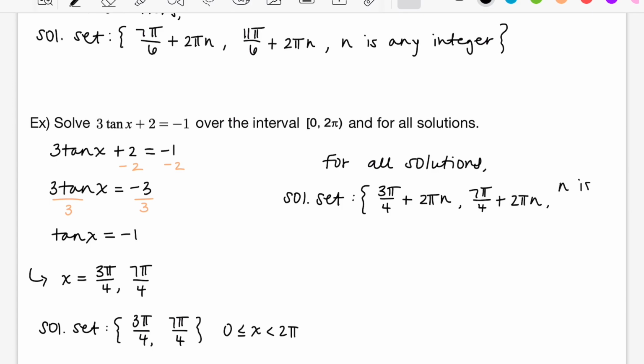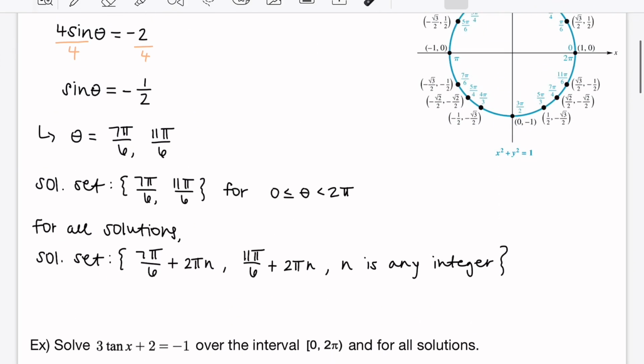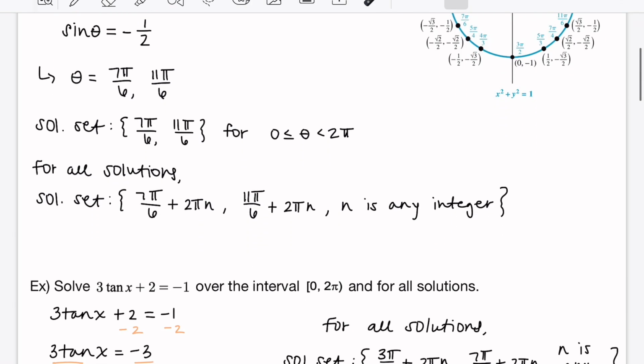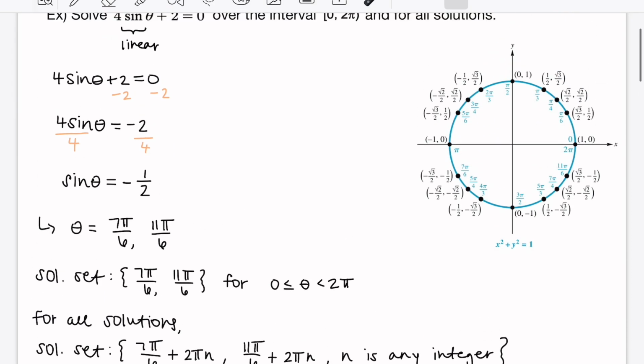And then n is any integer. Because remember, if 3 pi over 4 is going to be a solution, so would one full rotation, and another, depending on the value for n. And similarly for 7 pi over 4, this is a solution. One full rotation would also be a solution, and so on.